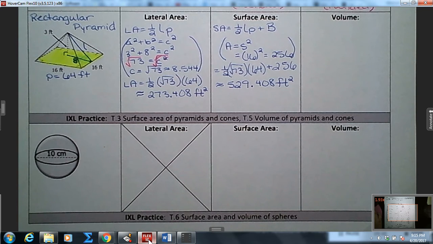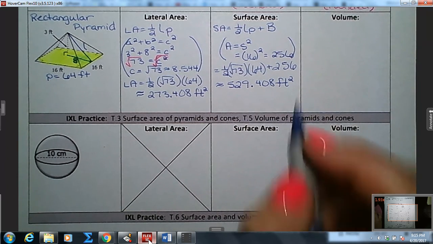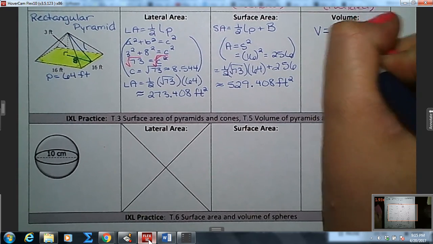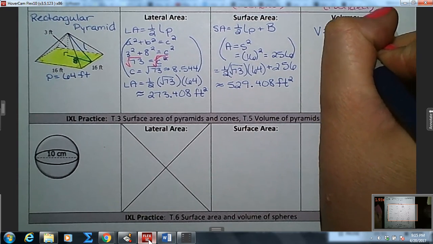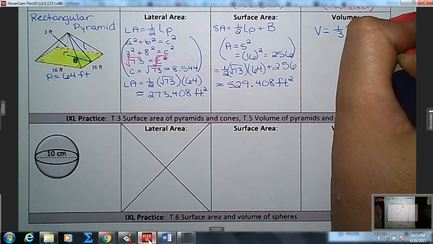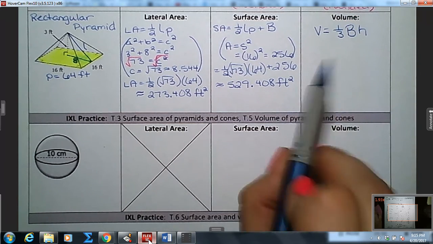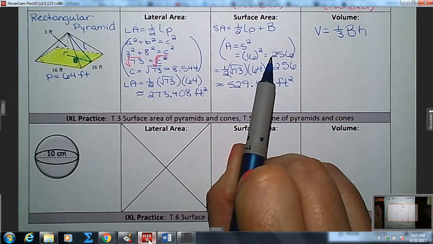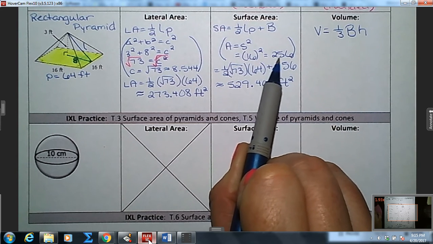One final calculation to make for this pyramid, it's the volume formula. Volume of a pyramid is 1/3 capital B H. Now, we've already done the work for capital B. It's here in the surface area formula.